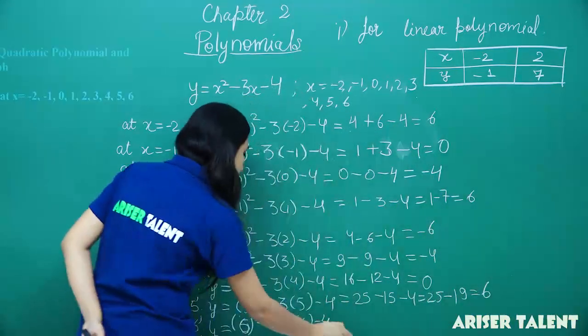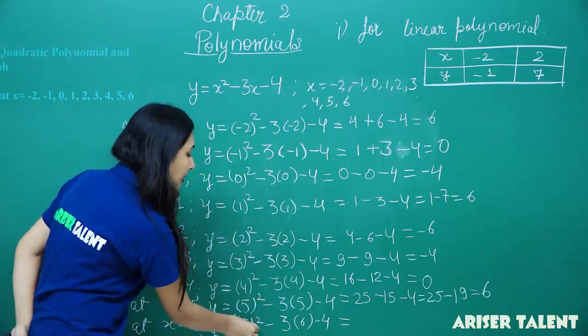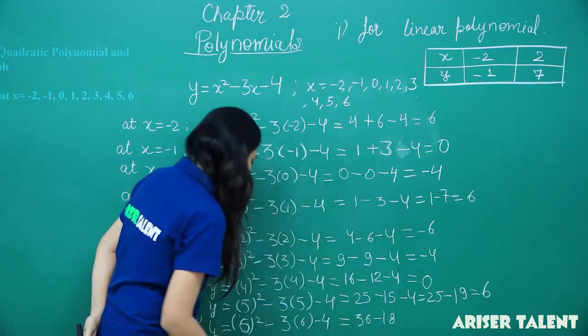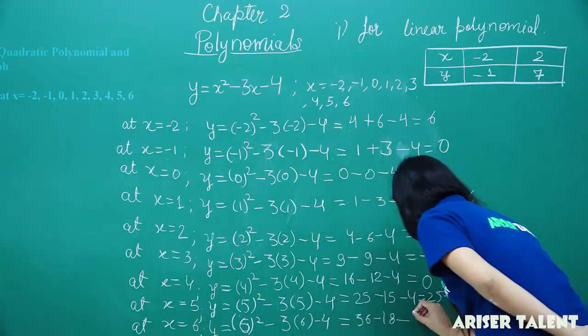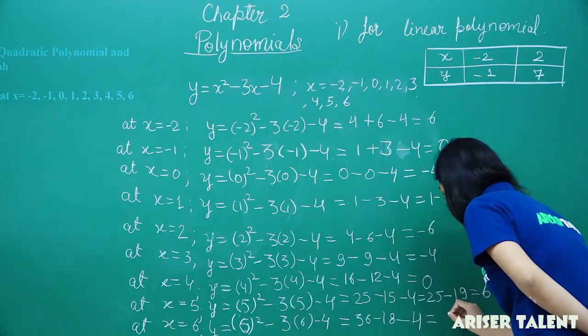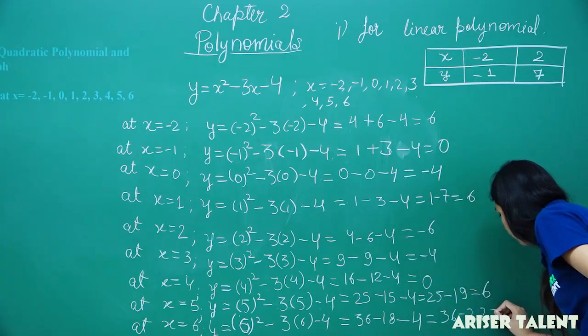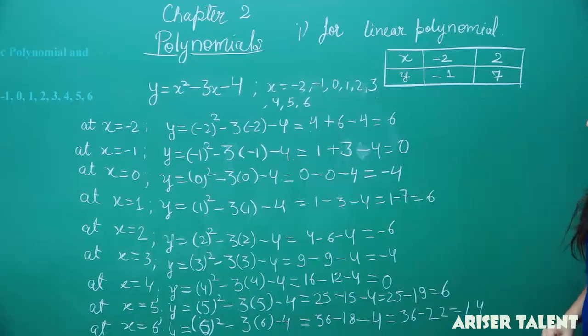Now the last one is 36 minus 18 minus 4, that will become 36 minus 22, that will become 14. Okay.